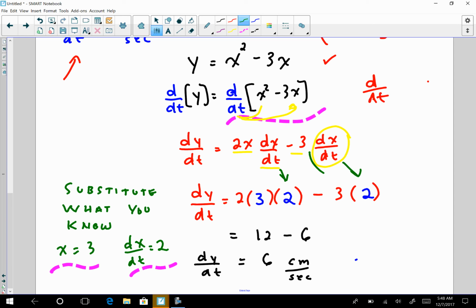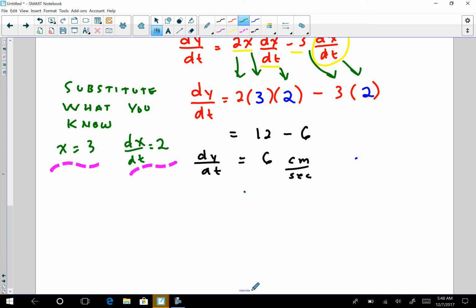When x is 3, I put x equals 3 in. I do some quick arithmetic: 4 times 3 is 12, 3 times 2 is 6, 12 minus 6 is 6. The last thing I will say about this problem is that this particular value is greater than 0. So yes, indeed, the bug is crawling up.